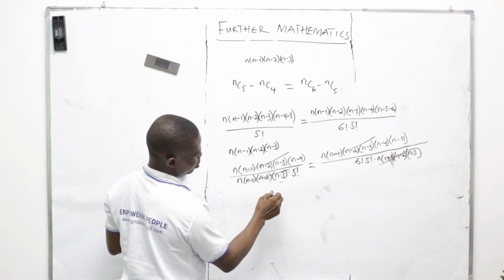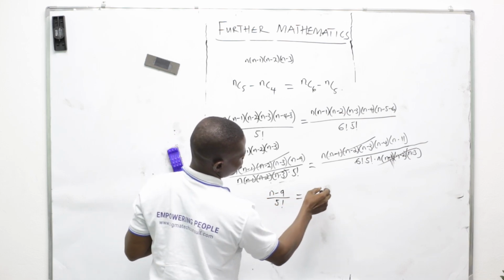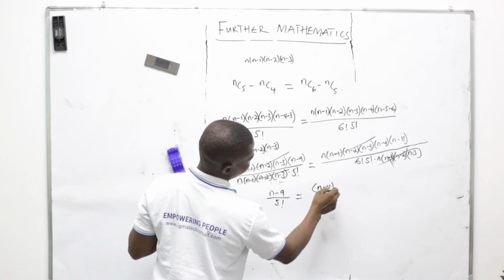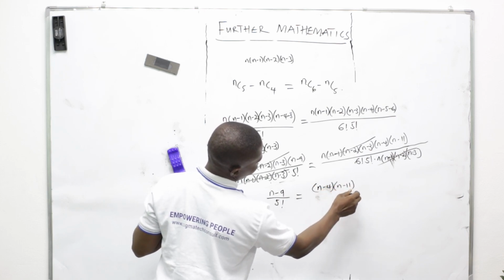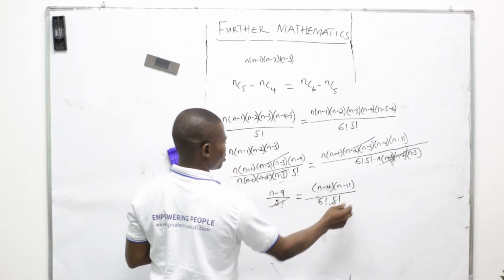We're going to have n minus 9 all over 5 factorial equals n minus 4, n minus 11 all over 6 factorial, 5 factorial. This can take care of this now.